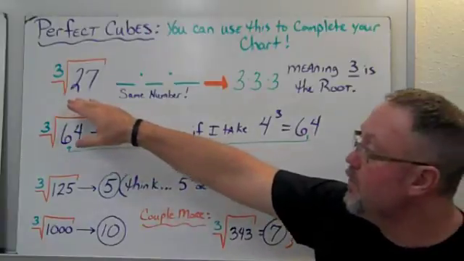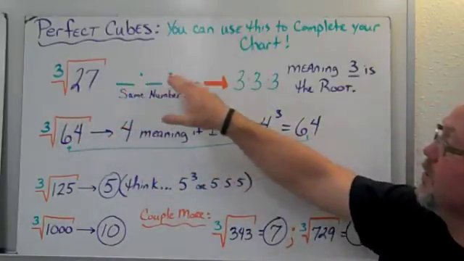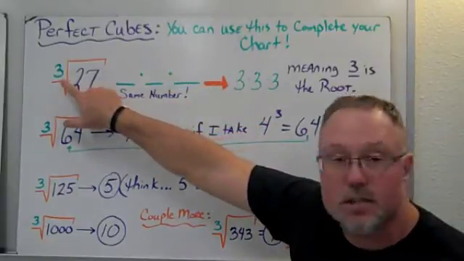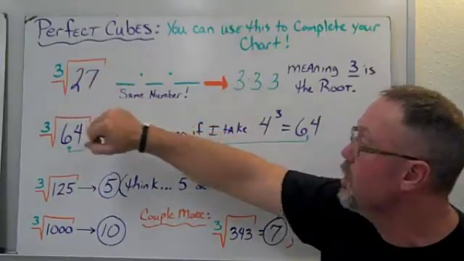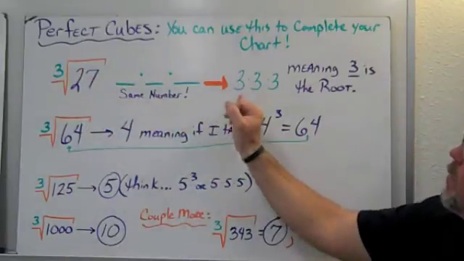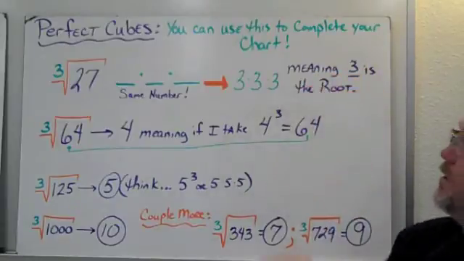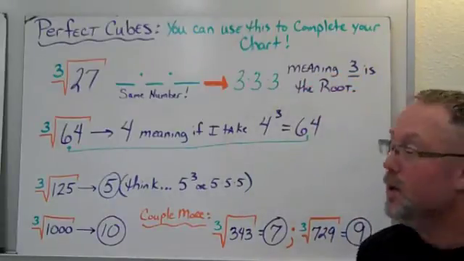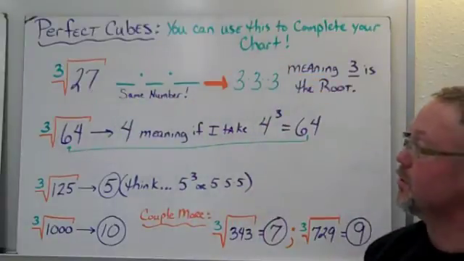So we're looking now for what is the same number times itself 3 times, because it has the cubed or the 3 up there. So we're looking for the cube root of 27, which we would think of 3 times 3 times 3. So the root of this answer would be 3. So the cube root of 27 is 3.